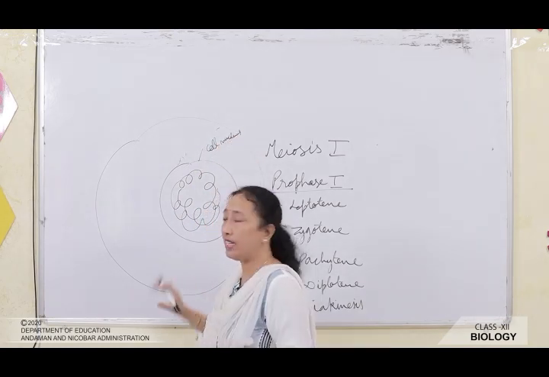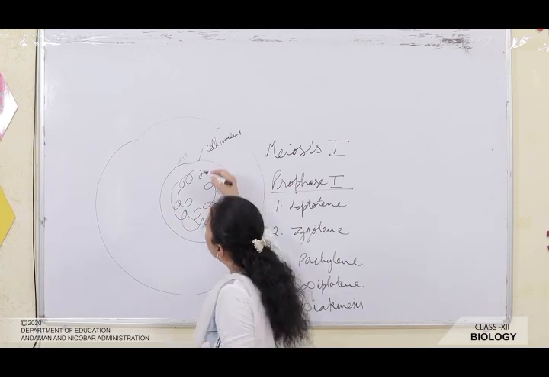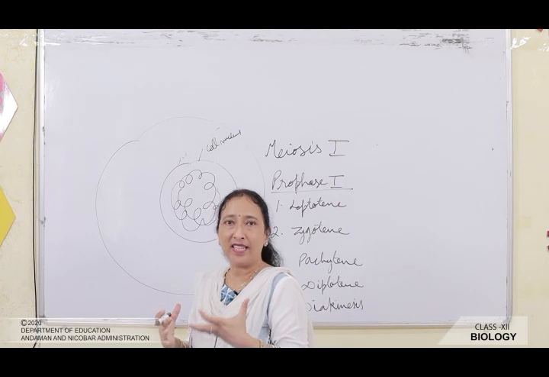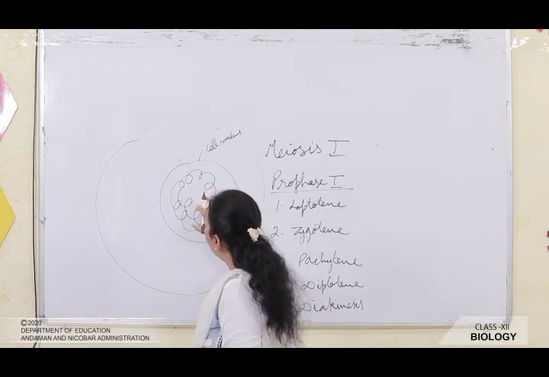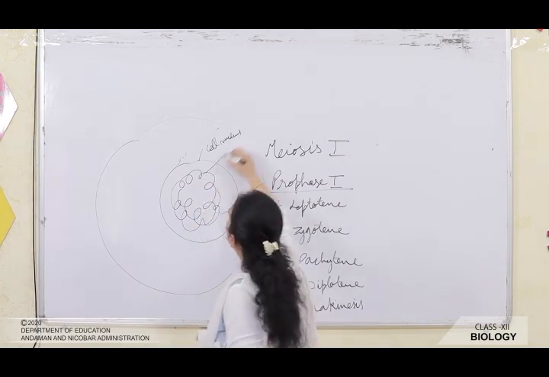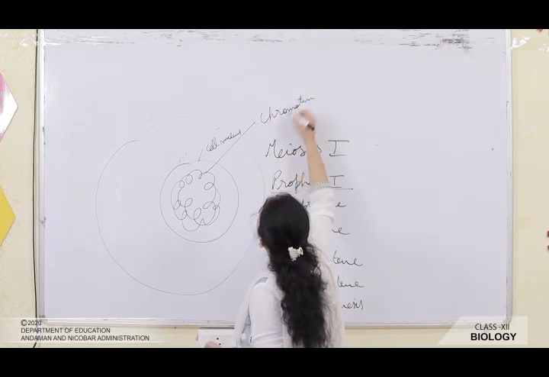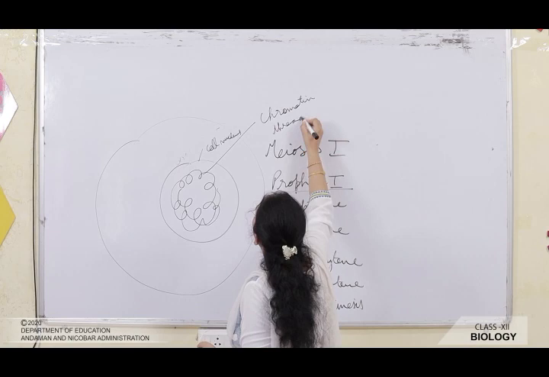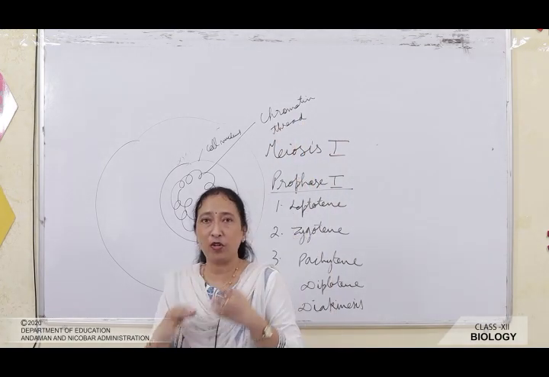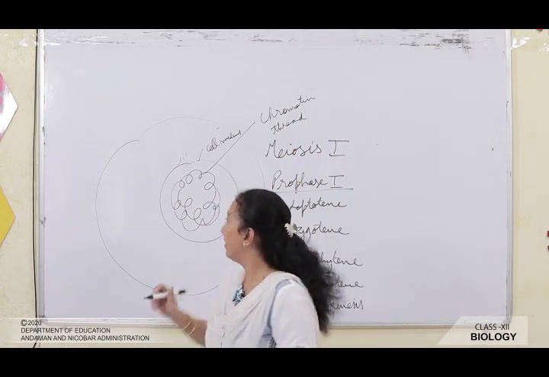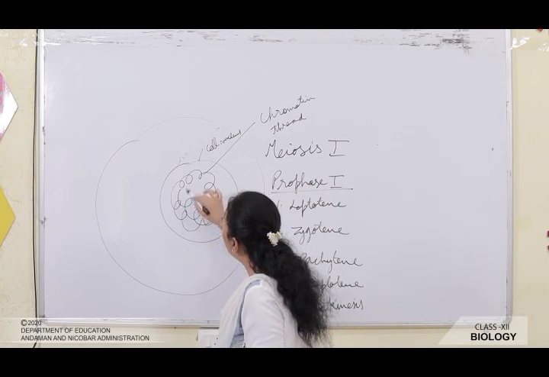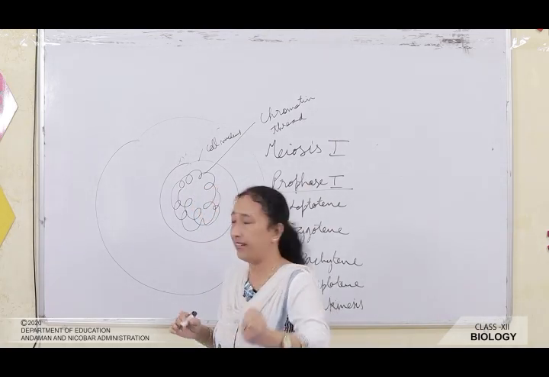Meiosis takes place inside the cell, because inside the nucleus the chromosomes are there. Inside the nucleus we see tangled bodies. These tangled bodies are also known as chromatin, or chromatin thread. We see that the chromatin thread is tangled, like a bunch of thread.